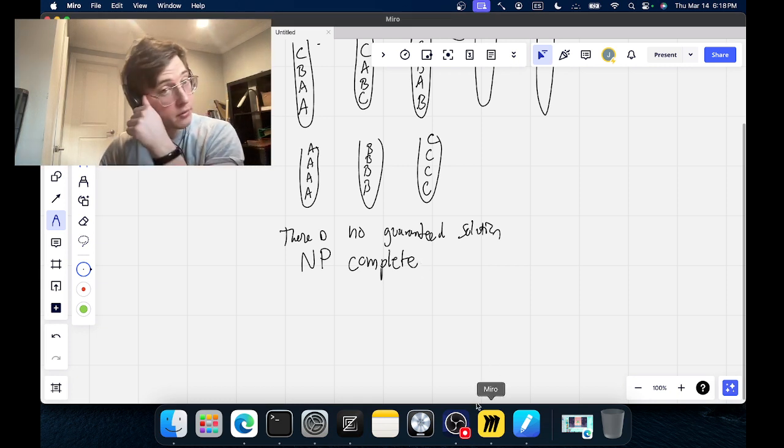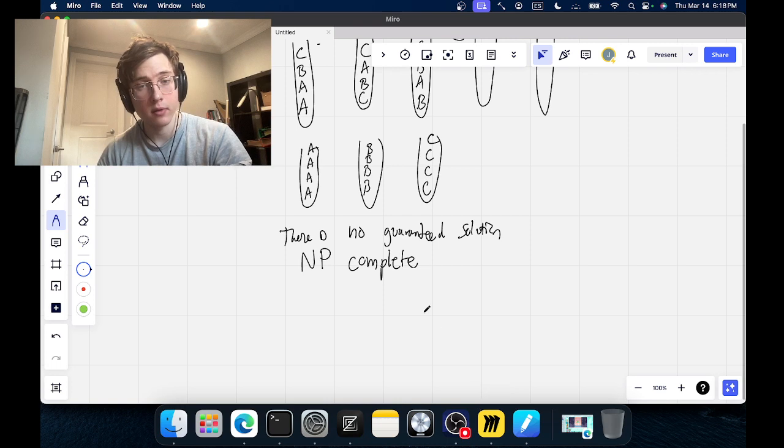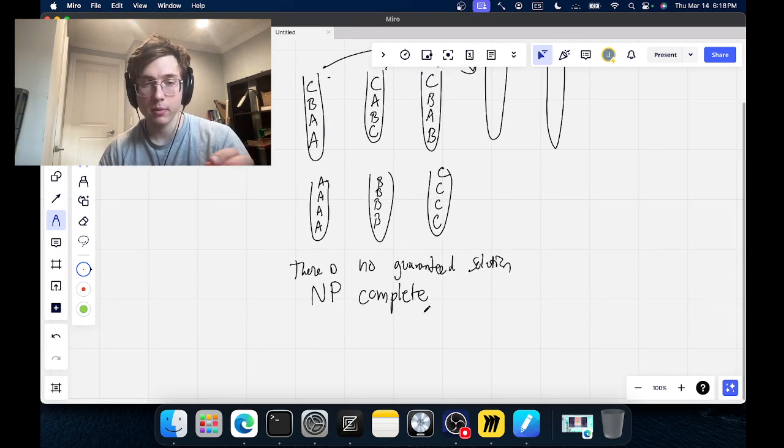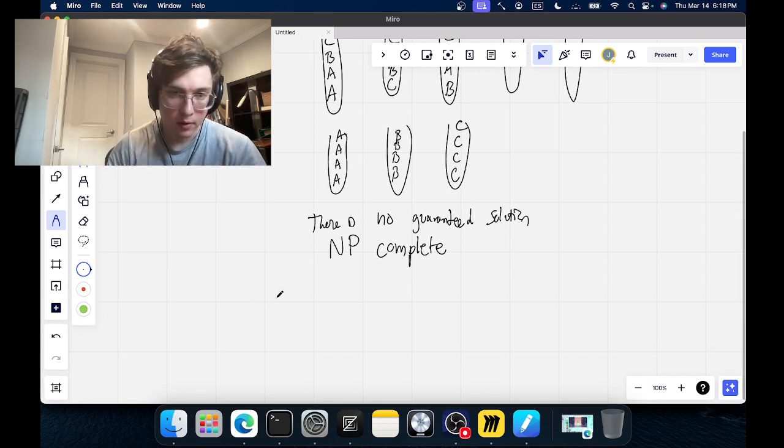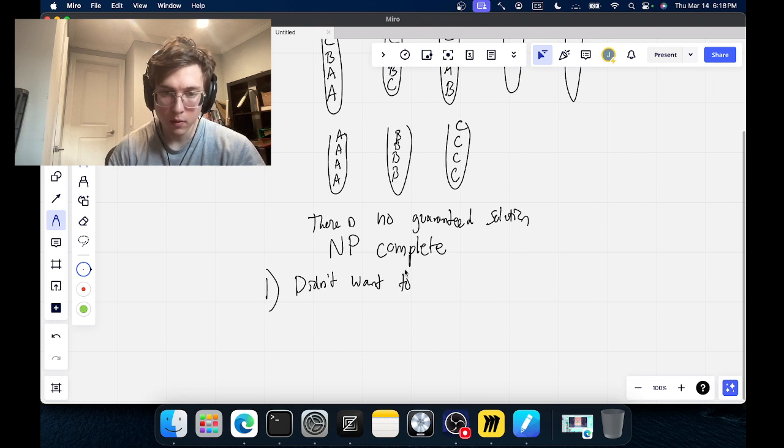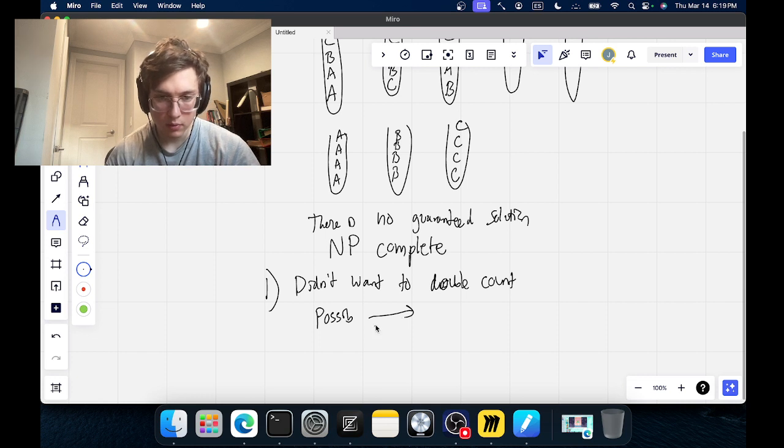So how did I generate these? Two things that I was worried about when generating this. Number one, I didn't want to double count. Let's say we have one possibility here, and the way we transform it is we swap two colors.